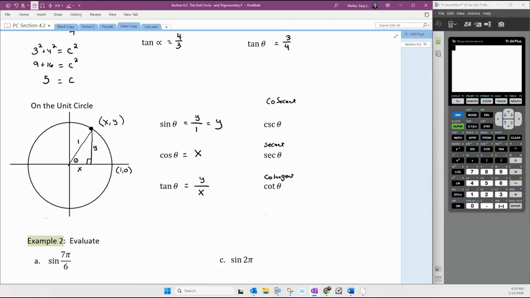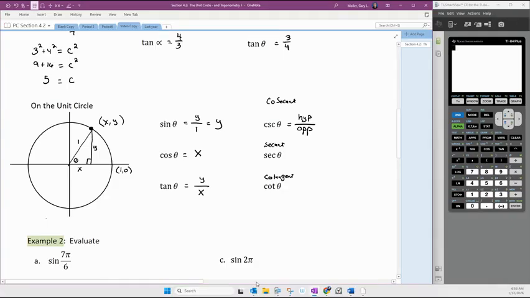It is convenient at times to be able to compare the sides in the opposite way. Sine is very specific: you're looking at the opposite to the hypotenuse. If you wanted to instead look at the hypotenuse and compare it to the opposite, you could do that, and that's what cosecant does. Cosecant is the hypotenuse over the opposite, the exact reciprocal of sine.